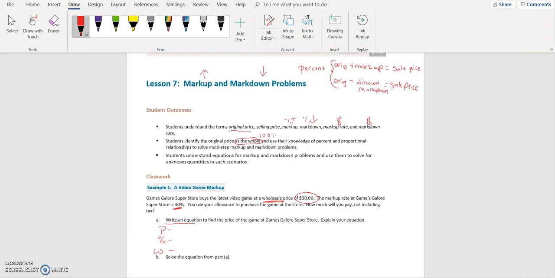So the original was 100%, plus another 40% that they're adding on. So that gives me a total of 140%. So move that decimal 2 places to the left. So our percent that we're going to use is actually going to be 1.4.